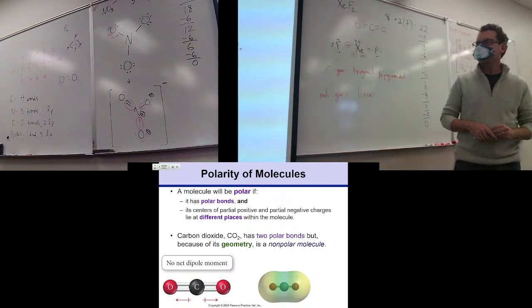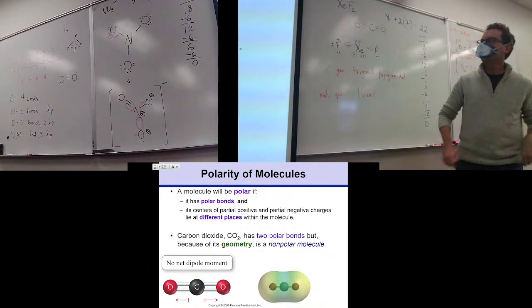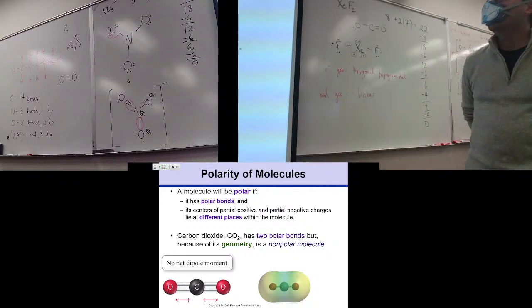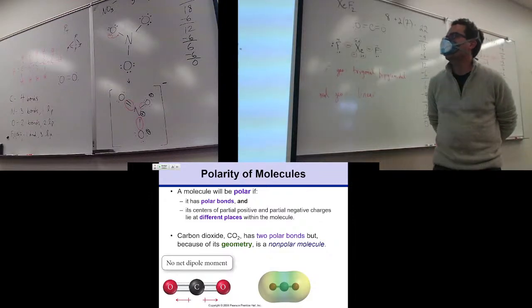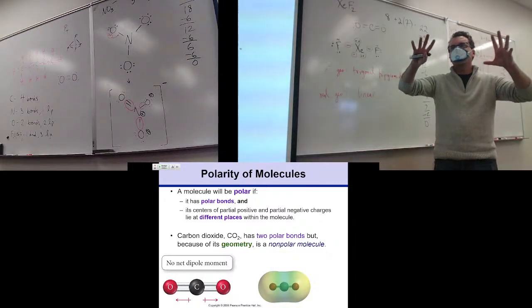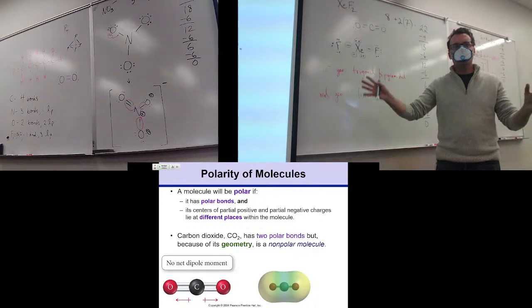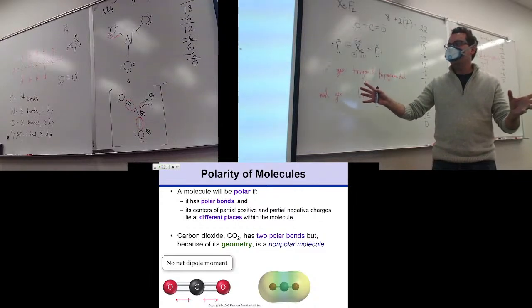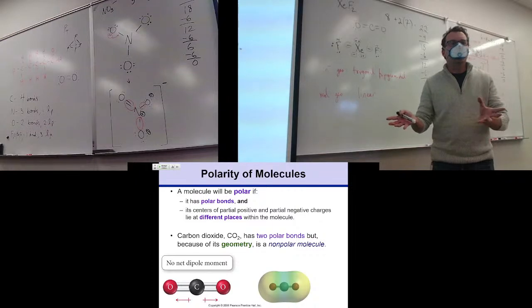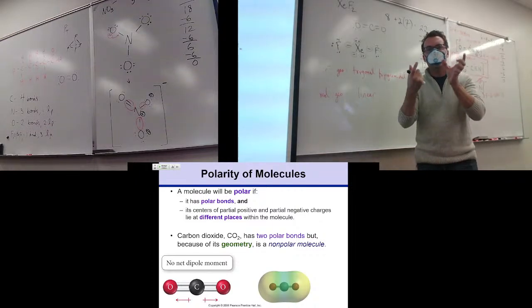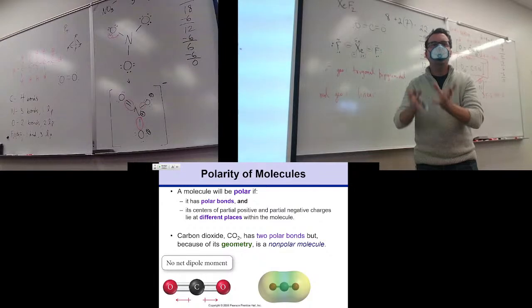Yeah. The centers of partial positive and negative charges lie at different places. Like the center of the partial positive and negative of that CO2 molecule do lie at different places on the molecule, don't they? But they just lie linearly separately, like they're symmetrical on each side. So what do we mean by centers of partial positive? We're talking about when you consider all of the atoms together, so not looking at each bond separately, but looking at the combined picture.